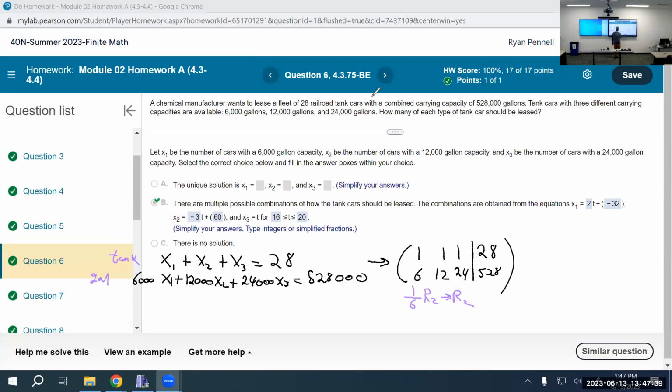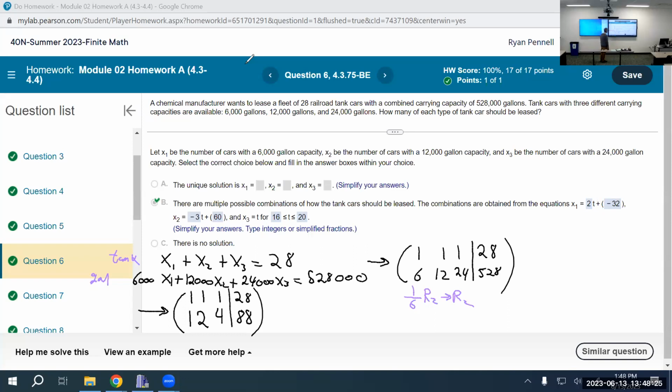Fortunately, I'm running out of room though. I'm going to do the arithmetic. And that's 1, 2 for 88, not 12.